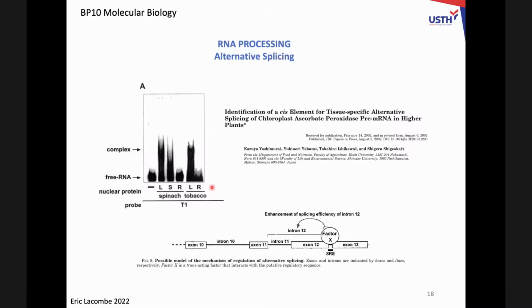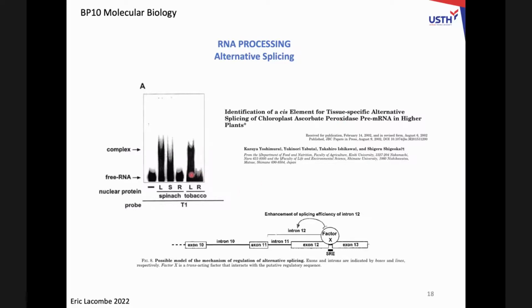And this enzyme, we are talking about ascorbate peroxidase. Ascorbate peroxidase is implicated in detoxification of oxidative stress, and oxidative stress happens mainly during photosynthesis in the chloroplast. So you need to have much more detoxification processes in green parts of the plant than in the roots, which are not green at all because they don't contain any chloroplast.